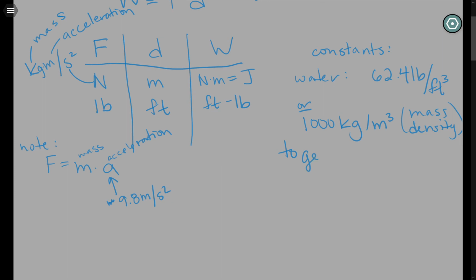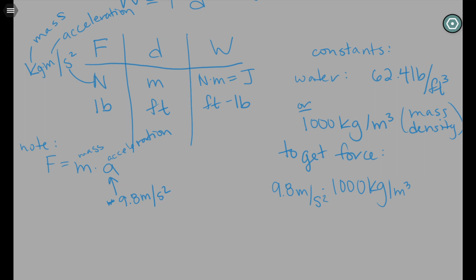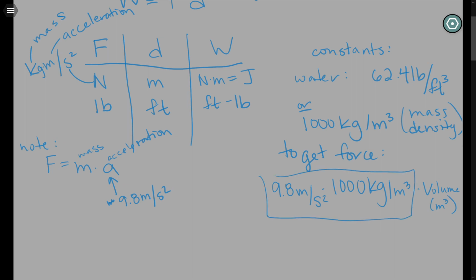To get force, you would have to take that 1,000 kilograms per cubic meter, and you would have to multiply it by 9.8 meters per second squared. And then you're still in a density, so you would also need to multiply by the volume, which would be in cubic meters. So this might look very confusing having not done one. But again, my big point here is the 1,000 kilograms per cubic meter might be useful. If you're going to use it, you need to multiply by 9.8.